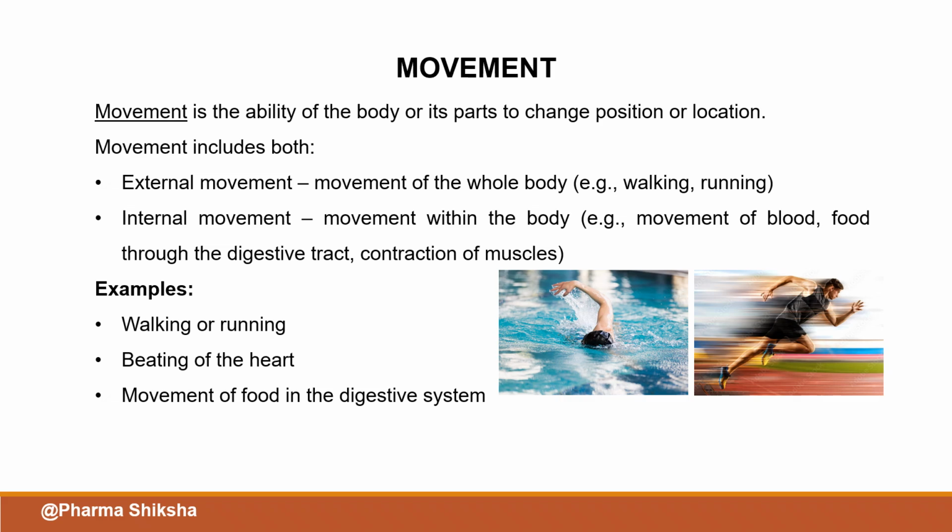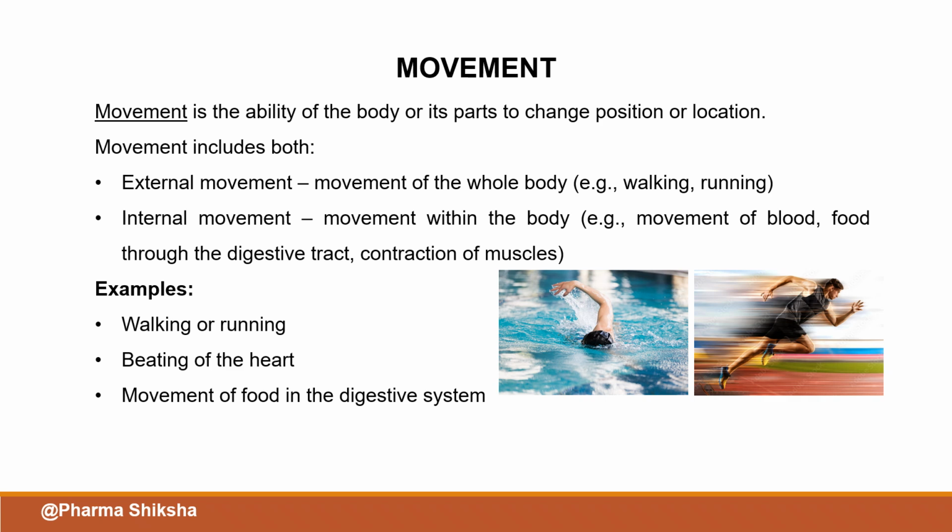And humans are able to move, the ability of the body to move, that is movement. For example, external movement and even internal movement. In external movement, you are walking, running, the whole body is moving. And in the case of internal movement, there will be circulation in the body, the food is traveling, the pulse, or contraction of muscles.